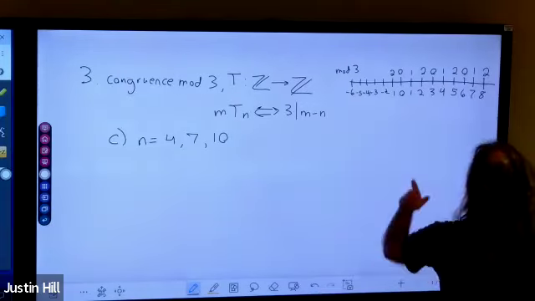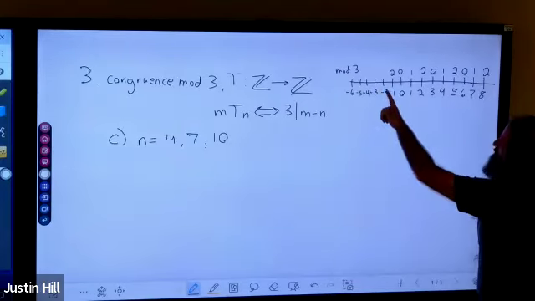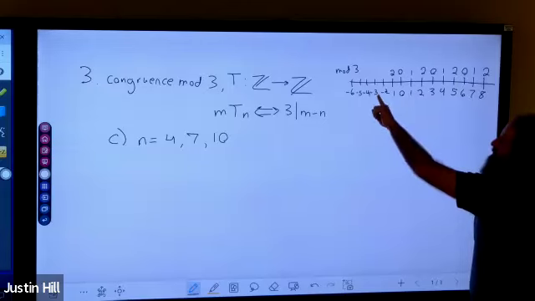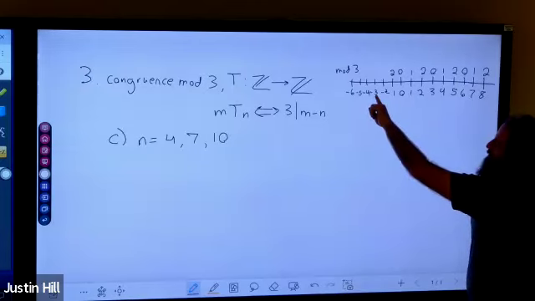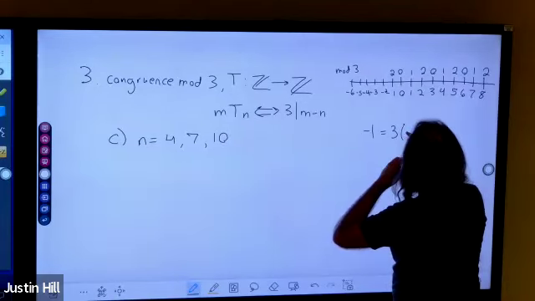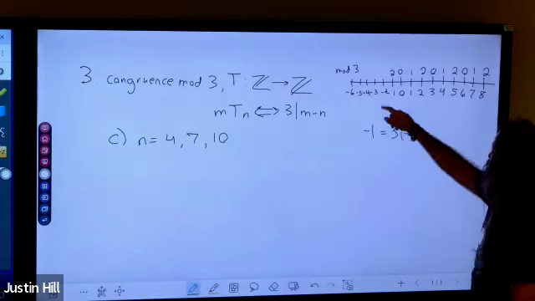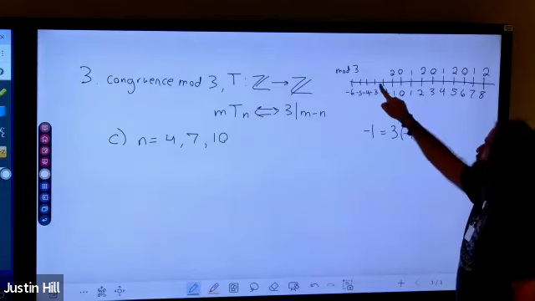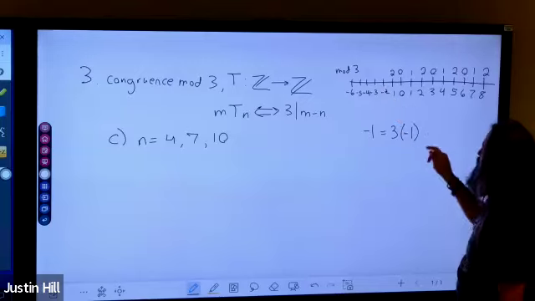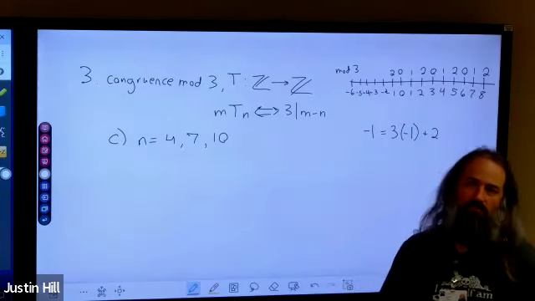When you take -1 and divide it by 3, the closest integer that's divisible by 3 is not to your right, it's actually to the left, it's -3. So -1 would equal 3 times -1, which gives you the -3, and then the remainder is just the distance from -3 to -1, and that's going to be +2. So your mod 3 for -1 is actually +2.